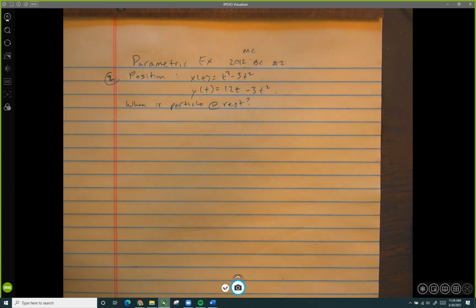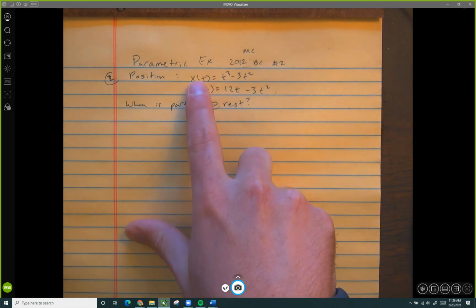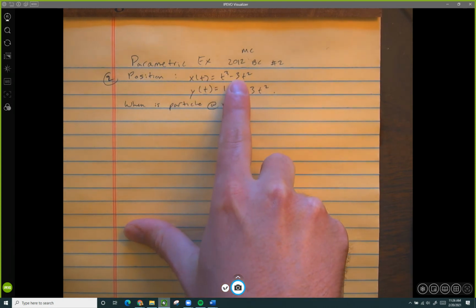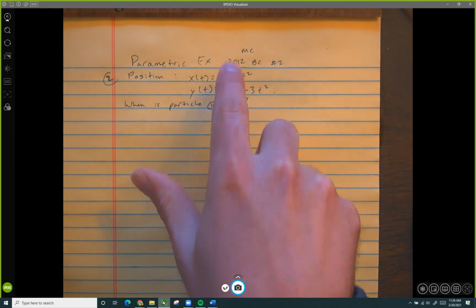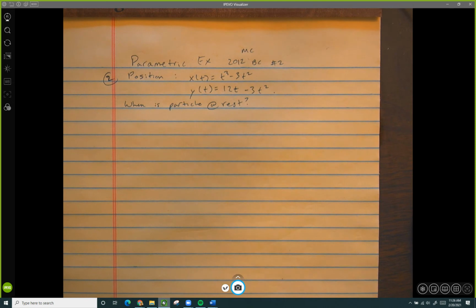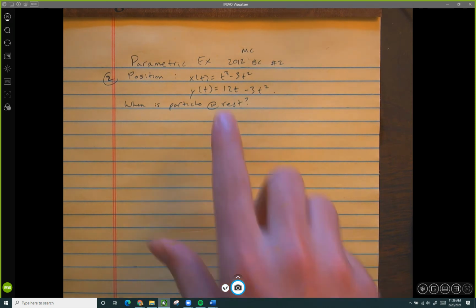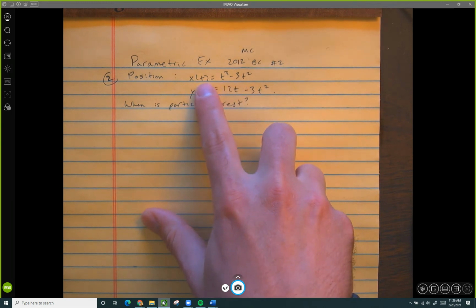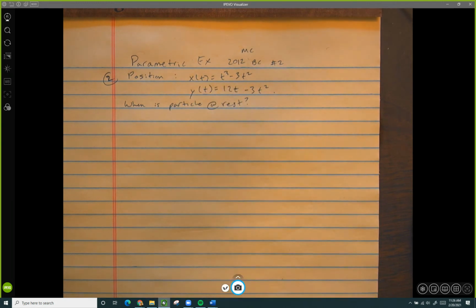For those of us really trying to grapple with what's going on, the horizontal position is dictated by this. When you plug in t equals 0, you get an x value of 0 and a y value of 0. So this particle is at the origin when t equals 0. When you plug in 1, you get 1 minus 3. The particle's moving to the left as t increases from 0 to 1.